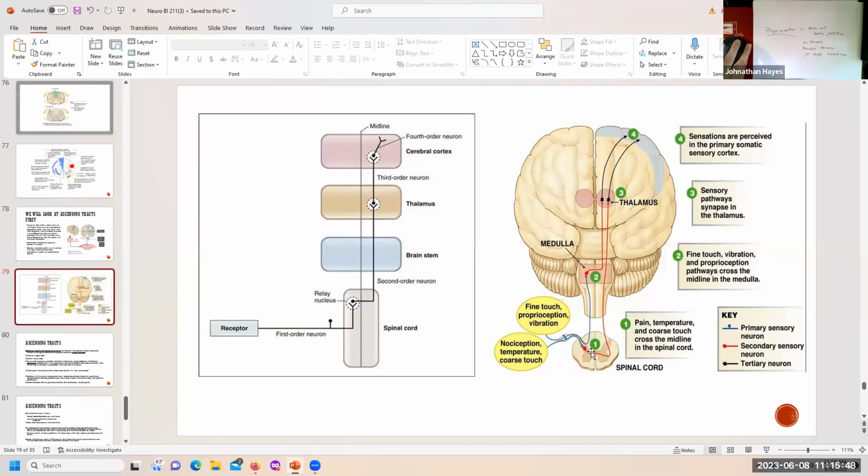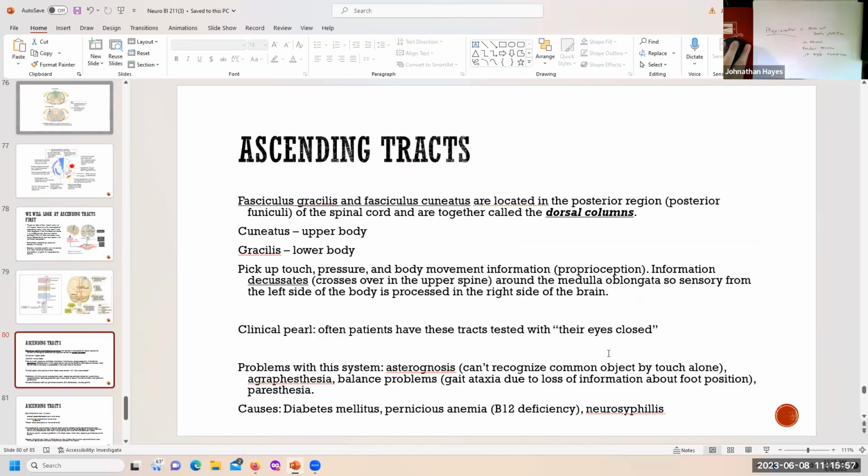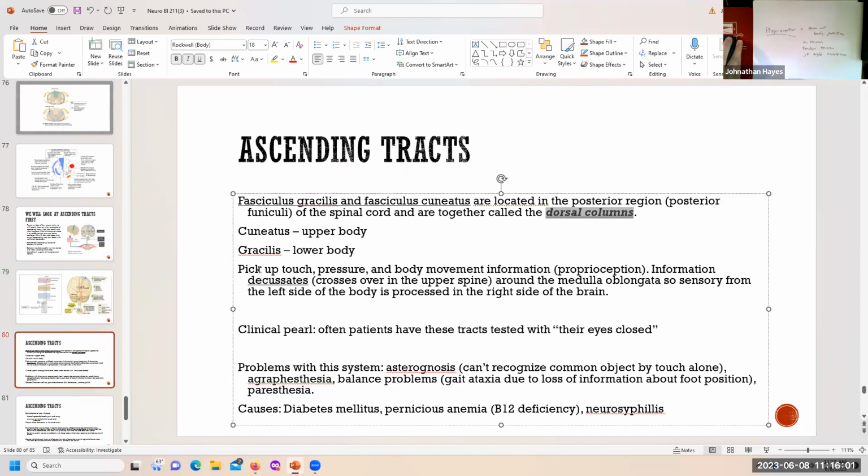Lateral spinothalamic tract crosses over at the cord level that it entered. But it does decussate, it does cross over. All tracts will decussate at some point in time. But again, what do dorsal columns carry? Touch, pressure, and proprioception. So if I'm losing the ability to pick up touch, pressure, and proprioception, maybe it's a dorsal columns injury, right? Because let's say I can pick up pain and temperature, I feel that fine, but it's just touch, pressure, and proprioception I'm losing.